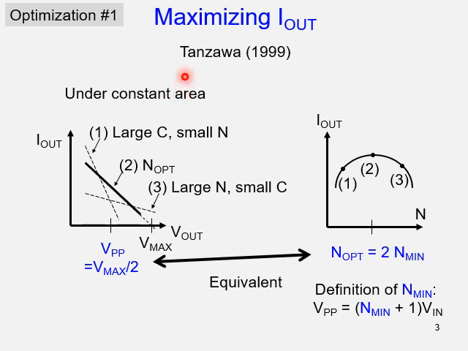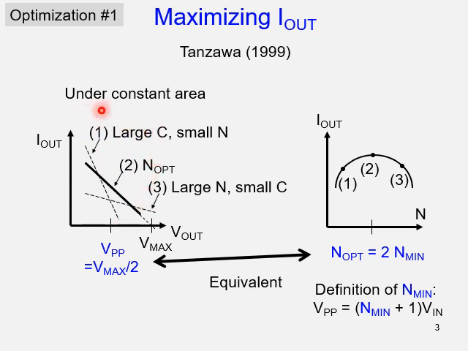This optimization is aiming at maximizing I out, meaning maximizing P out, where the circuit area is given. So here's the V out I out plane, and you can draw several lines.